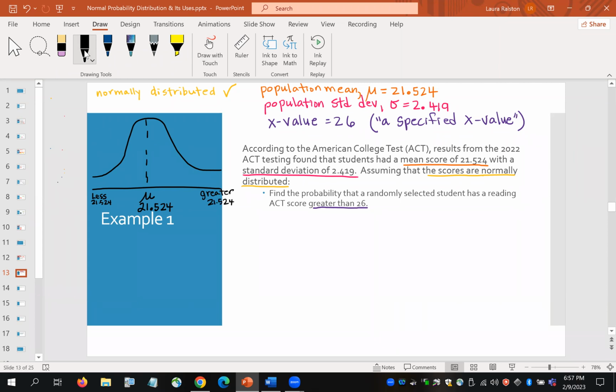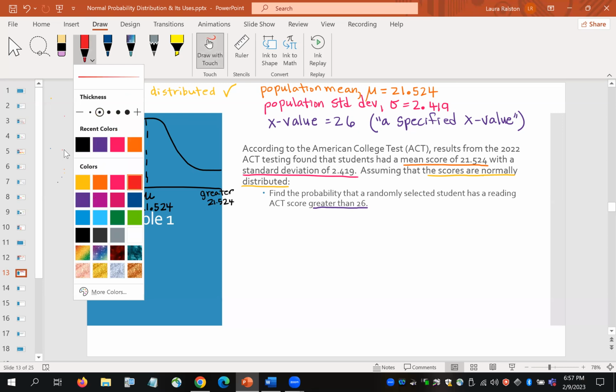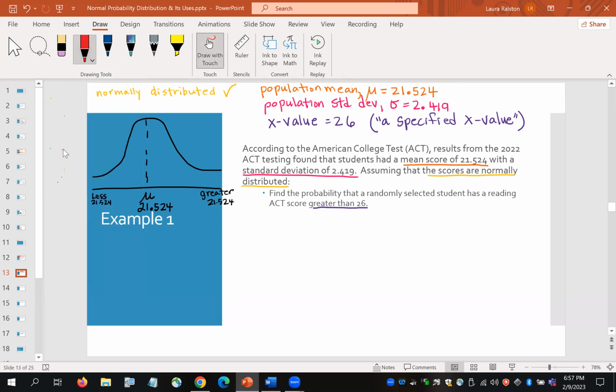Think about it like a number line. The 21.524 is right smack dab in the middle. And so numbers below it are going to be smaller. Numbers above it are going to be greater. That's a standard number line setup. It ain't changed. My point of interest is 26. So 26 is going to be to the right of the mean because 26 is bigger than 21.524.